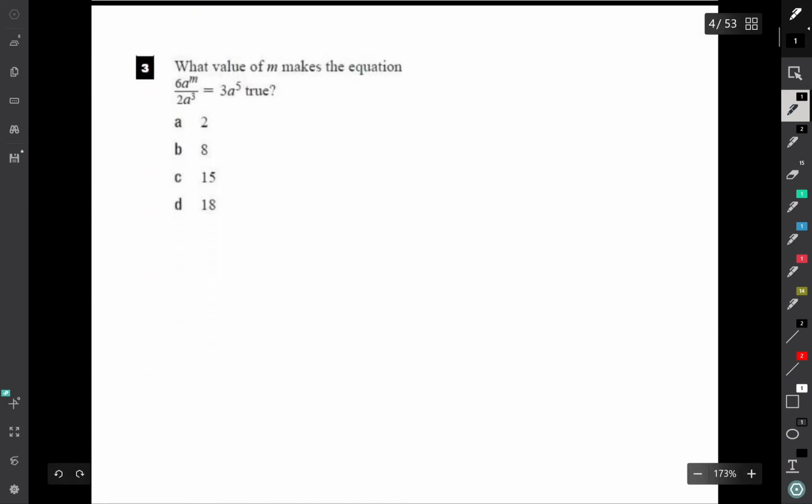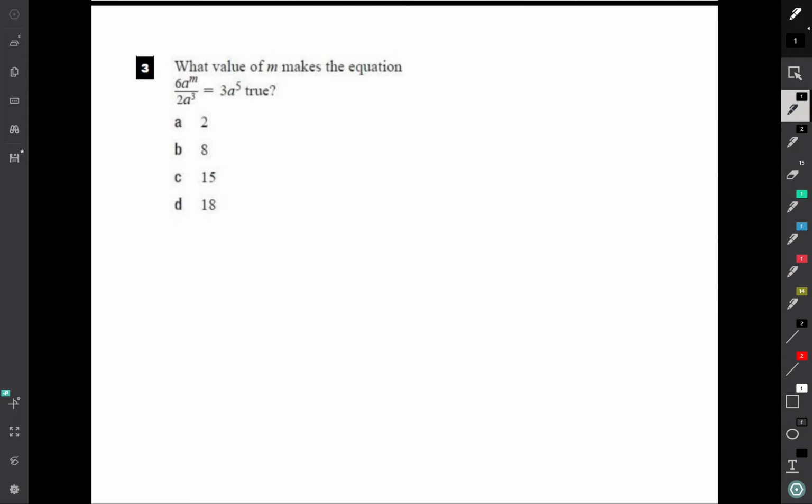Okay, 3. What value of m makes the equation 6a exponent m over 2a exponent 3 equals 3a exponent 5 true? Well, this should remind you of exponent laws, right?